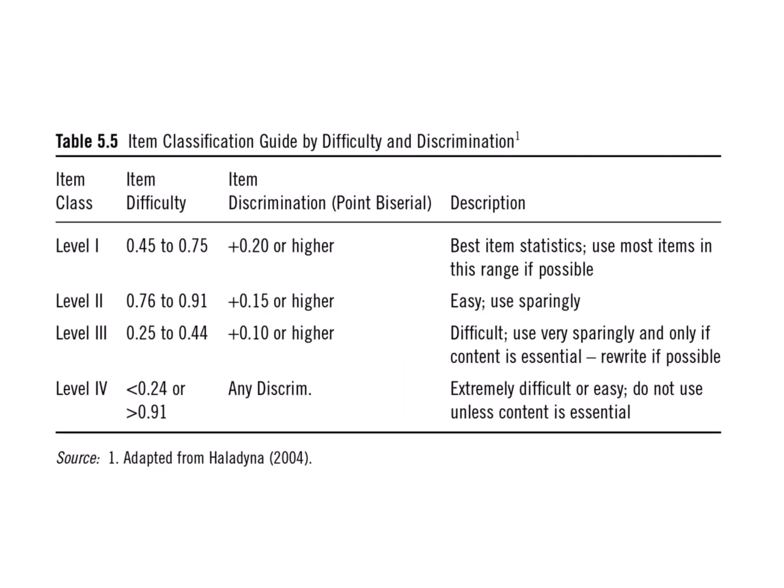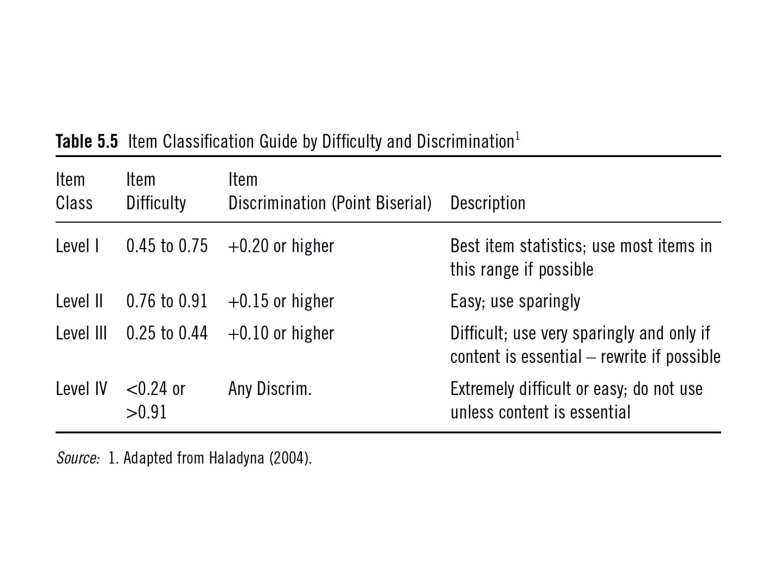Another metric: this is just a sample item classification guide which has been adapted from Haladyna 2004. It has four levels, the fourth level being unacceptable or open to review. Level 1 contains item difficulty from 0.5 to 0.7 and item discrimination of 0.2.